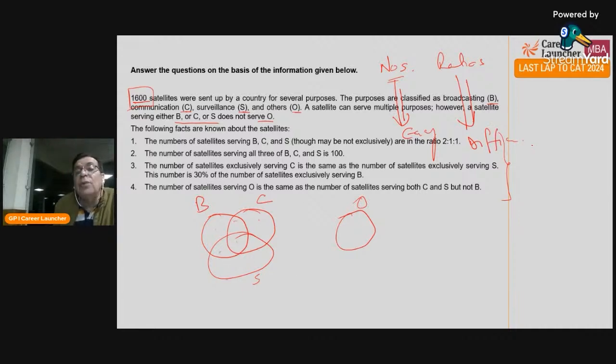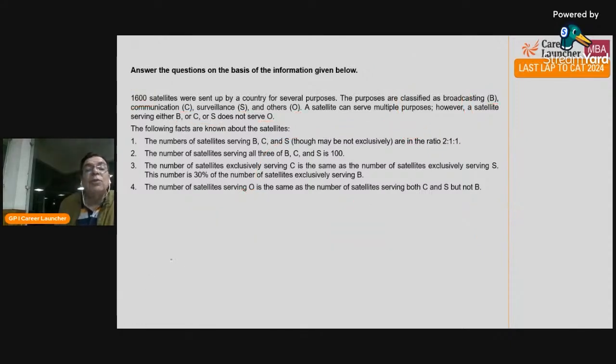I'll have to make equations, I'll get a range, and the question will be for maxima and minima. But if it is numbers, it is easy because I can input those numbers into the Venn diagram straight away, and hence I'll be able to solve it faster. So when you're looking at a Venn diagram data set, please be on the lookout for whether we are getting numbers or ratios.